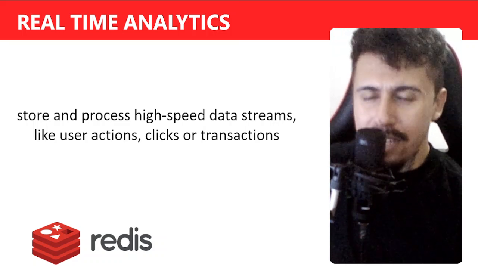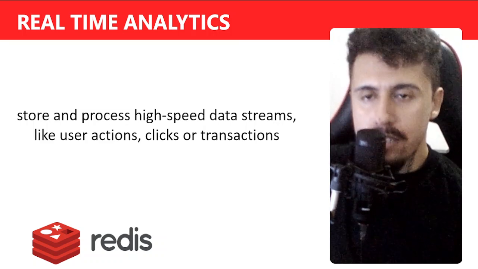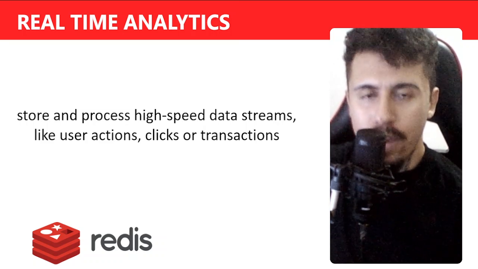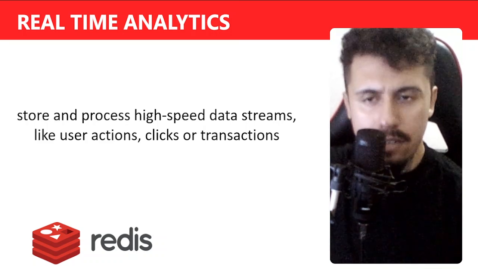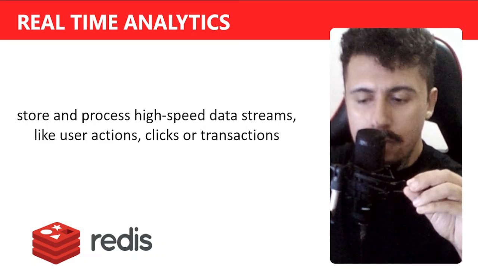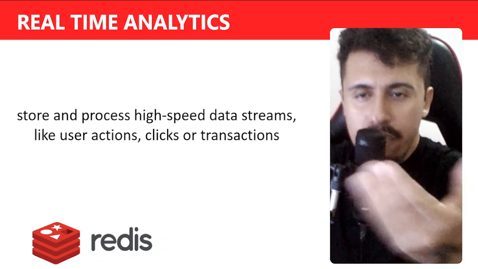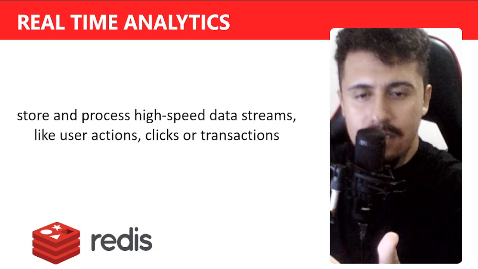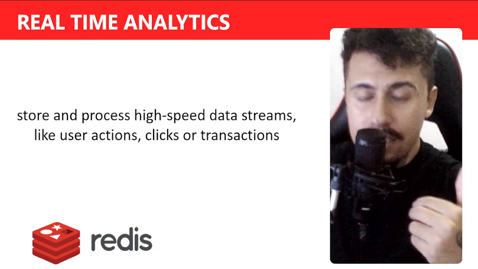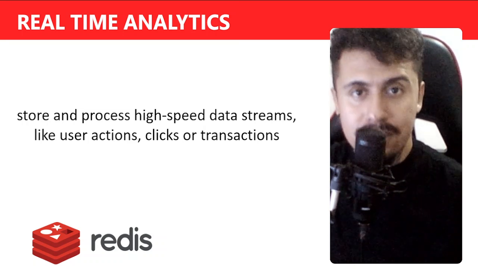So we can use the power of an in-memory database, in this case Redis, to register and store data that we collect from the actions of the users, okay, and analyze it in real time, right?